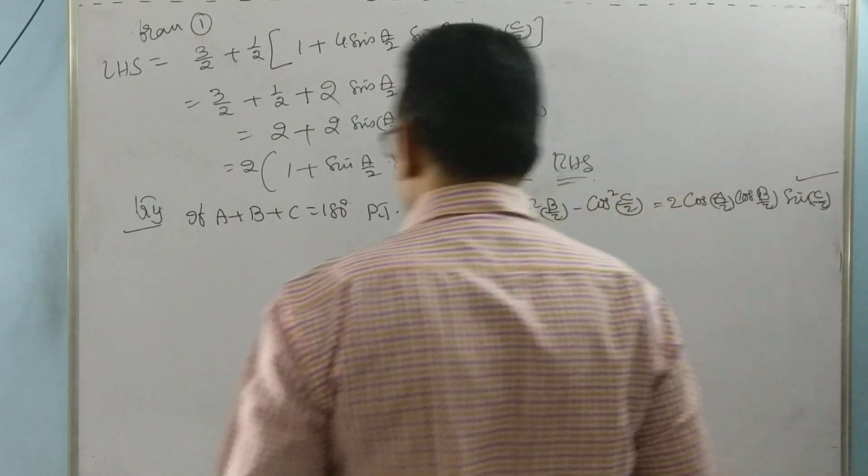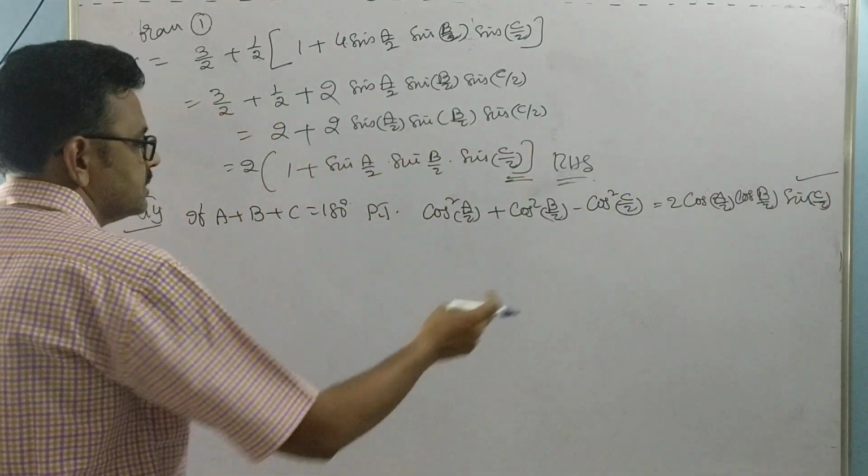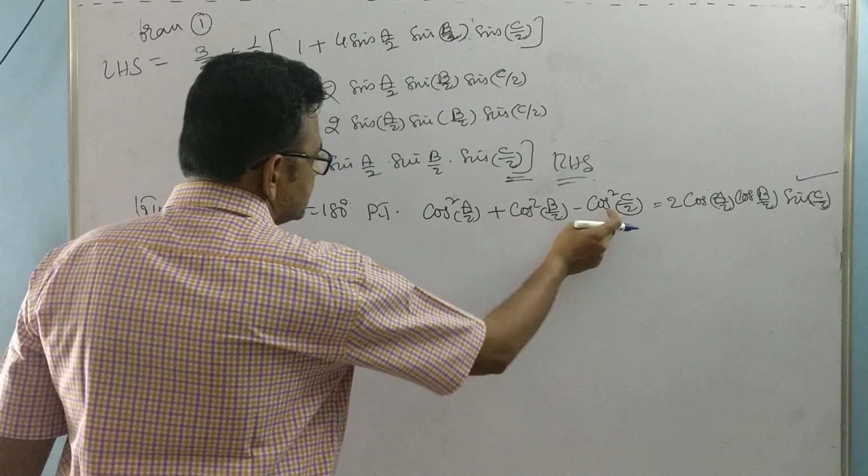So same model problem, the only difference is what? In place of the previous sum it is plus, here it is given minus.